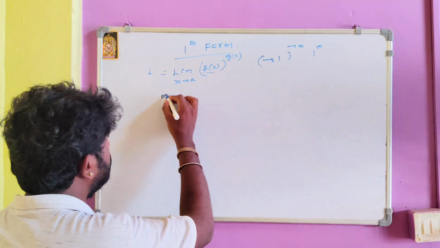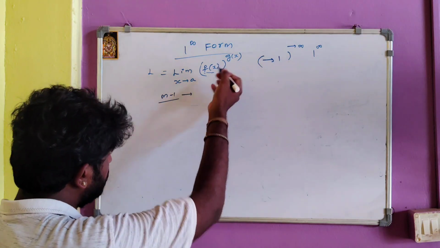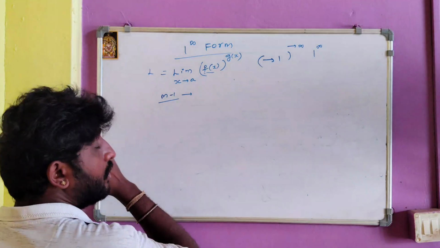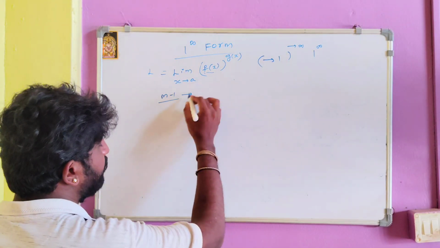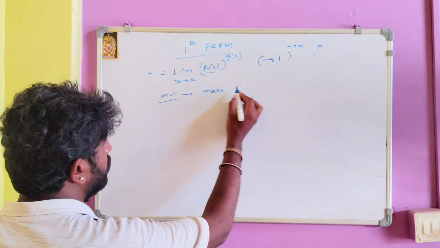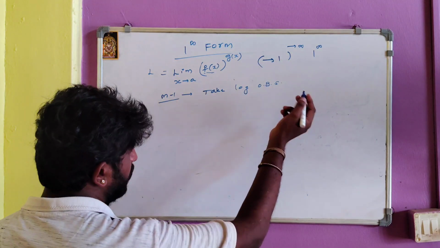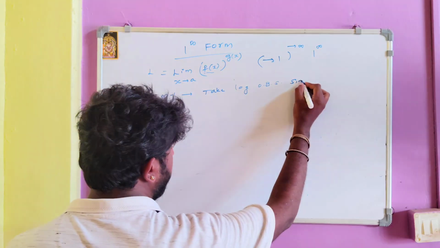The method one to simplify 1 raised to the power of infinity is to take log on both sides and simplify further.